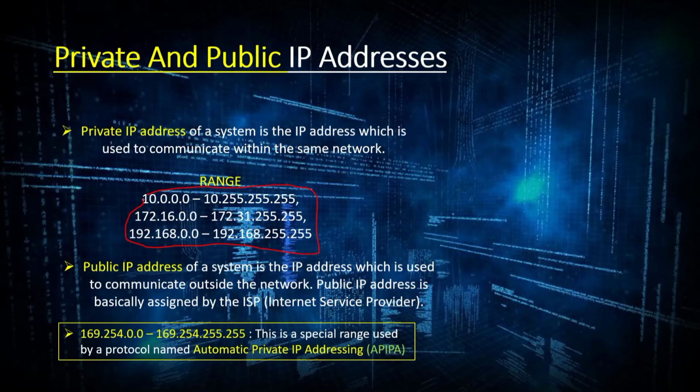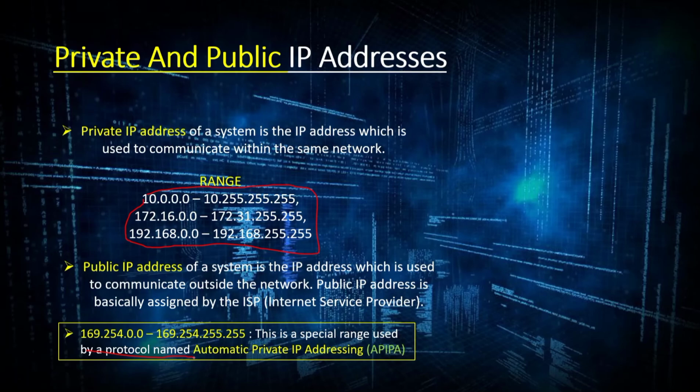The IP address range of APIPA is 169.254.20.0 to 169.254.255.255 with class subnet mask 255.255.0.0.